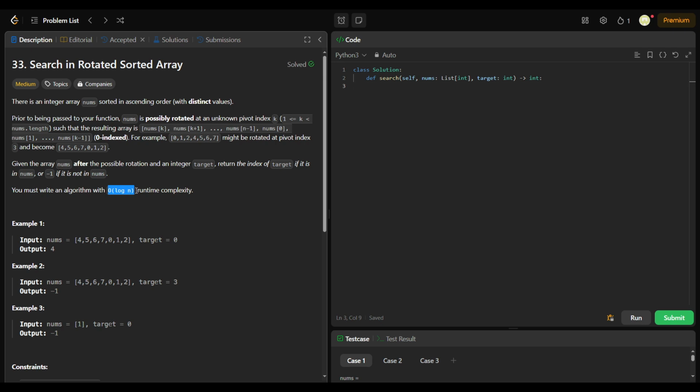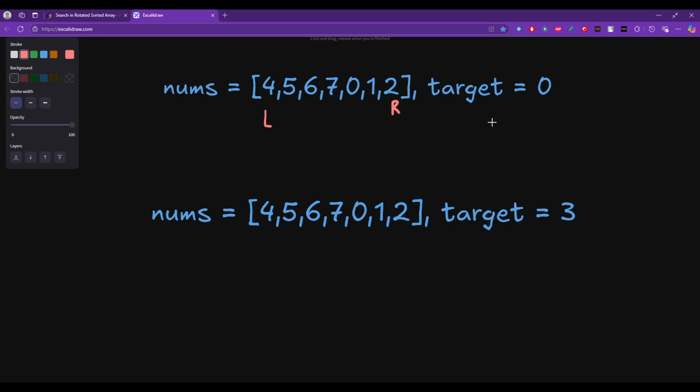Not always do you have to use a binary search when they ask for an O(log n) solution, but you should always consider it, because it's kind of like a little hint. They can mean a lot of things. It doesn't necessarily mean you always have to use a binary search, but you have to keep that in mind.